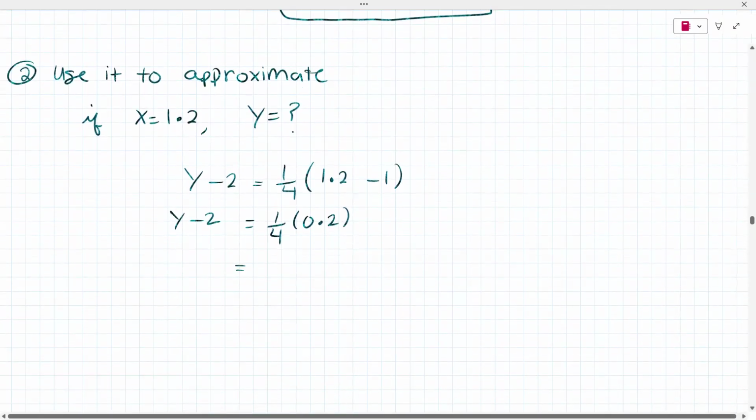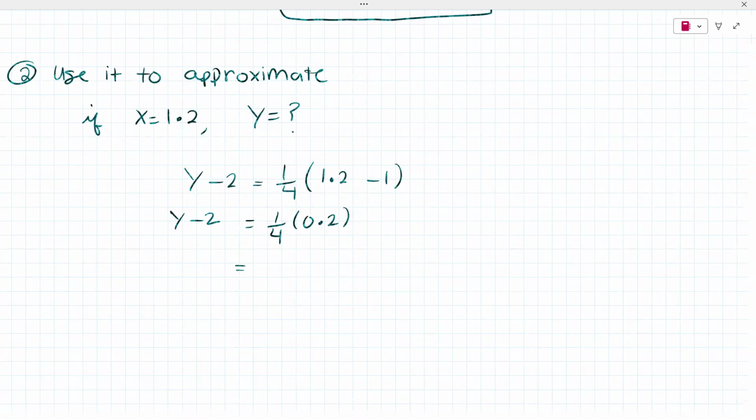So what's 1/4 times 0.2? That's 0.05. And then you have y minus 2, and you solve for y by adding 2. You get y equals 2.05.